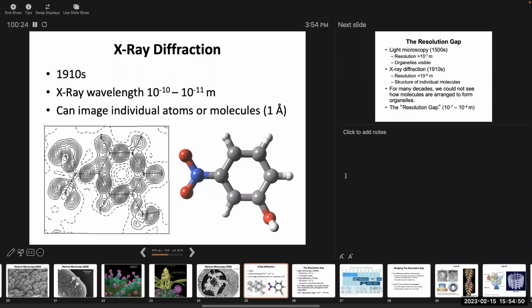So dating back even to the 19-teens, we had this technology that allowed us to see really, really little things, down to angstrom scale, 10 to the minus 9, 10 to the minus 10 meters. But light microscopy was limited to seeing things down to 10 to the minus 7. Electron microscopy eventually extended that down to about 10 to the minus 8 or thereabouts.